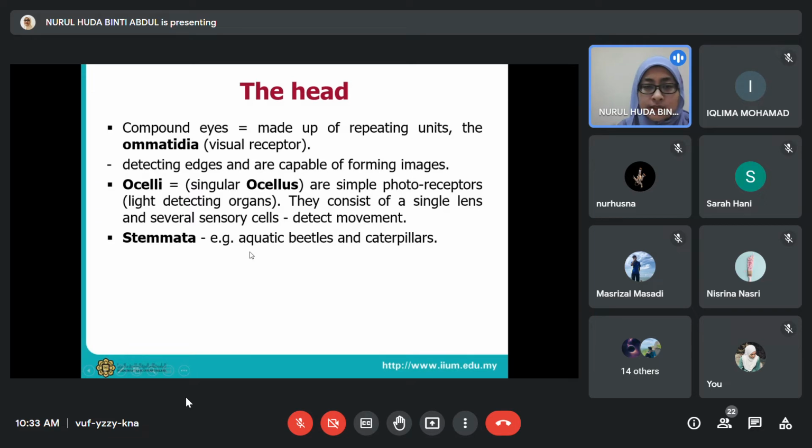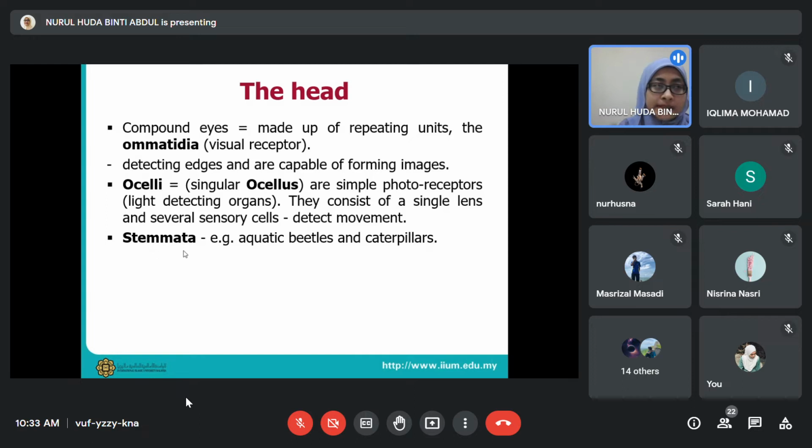Tapi ni maksudnya rather than ocelli, you can see at the one pair or three ocelli, stemmata ni duduk dekat part mata, tapi you can see like macam small black dot in part of the eyes. But remember, not all aquatic beetles have stemmata and not all caterpillars have stemmata. Okay, stemmata ni ada yang ada, yang tak ada.